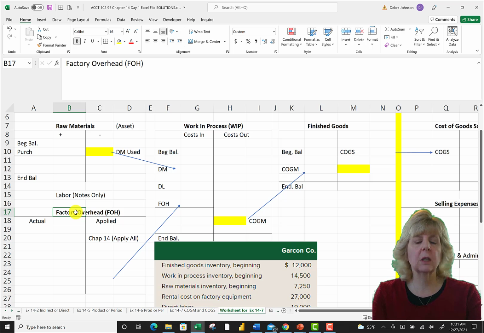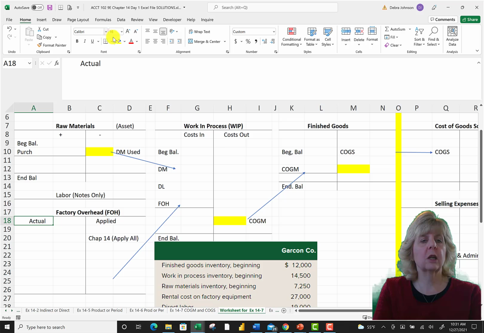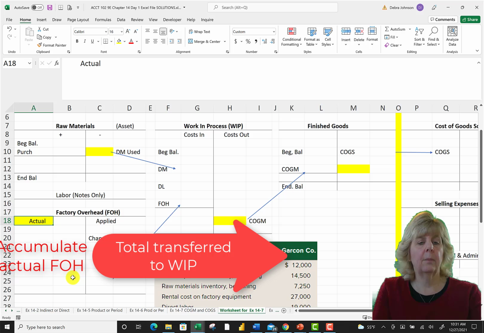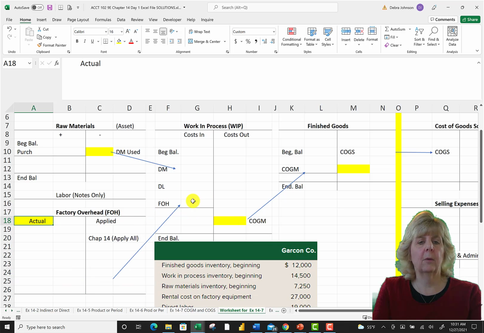It was used during the closing process, but it always went away by the time the financial statements were created. So what's going to happen with the overhead? All the actual overhead is going to be charged as a debit. And for purposes of this chapter, at the end, we'll flip that T account, we'll add all of the overhead up, and then we'll charge it all out to the WIP account. Okay, you'll watch me do that.